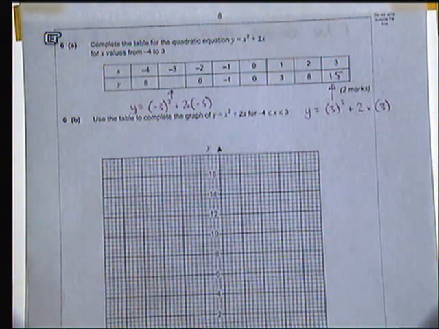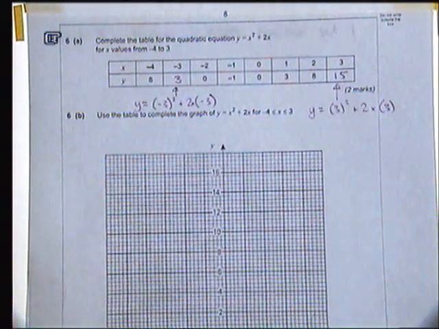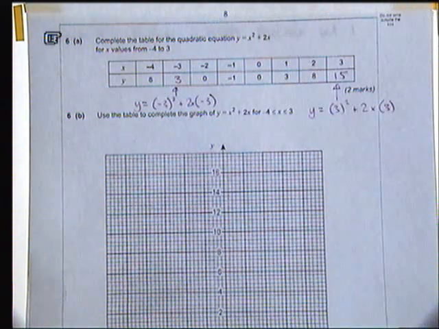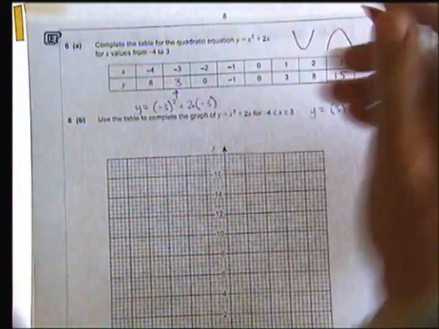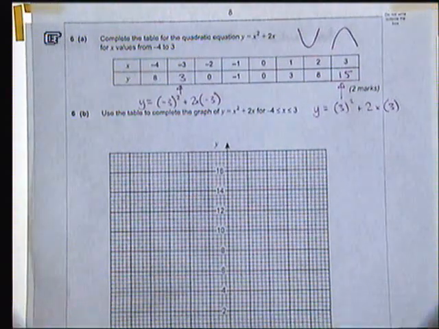But there is a slightly easier way to do that, or certainly a way to check. And this is the way to do it. You know that this graph is going to be a quadratic graph. It says x squared plus 2x. It's going to be that parabolic shape, either a happy graph or a sad graph. And the thing about those graphs is that they are always symmetrical.